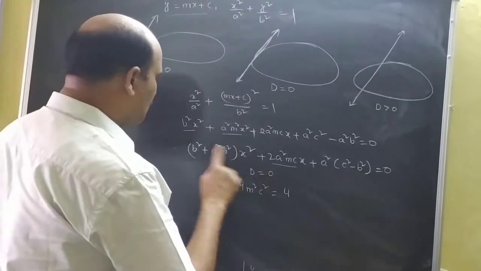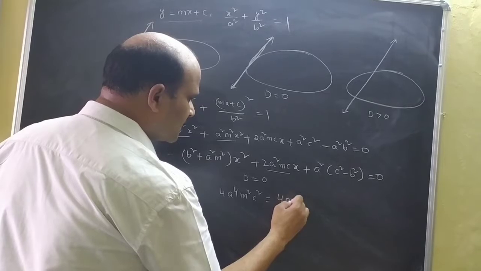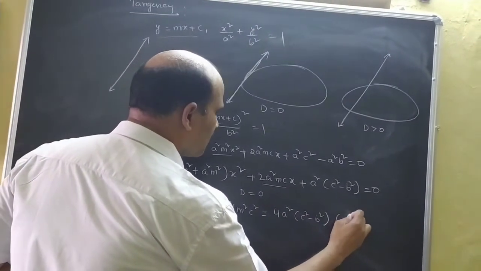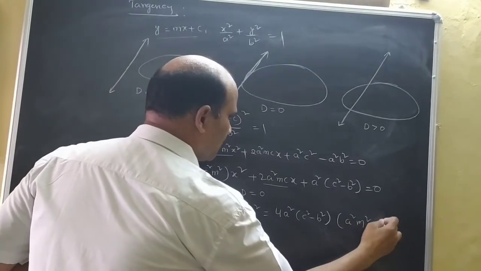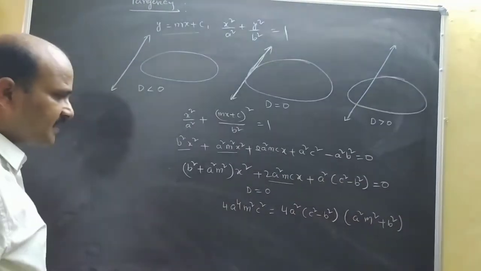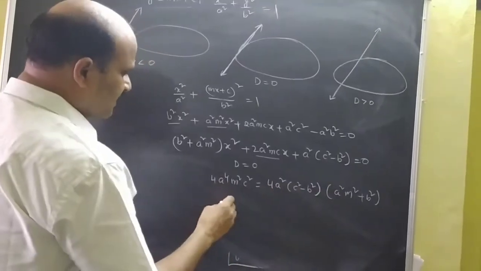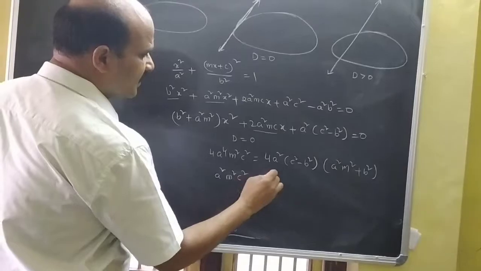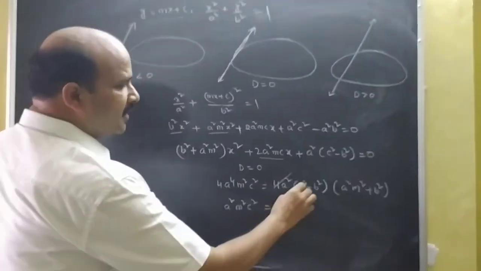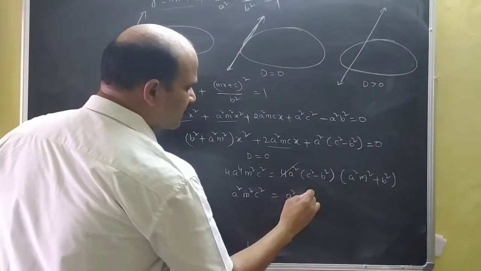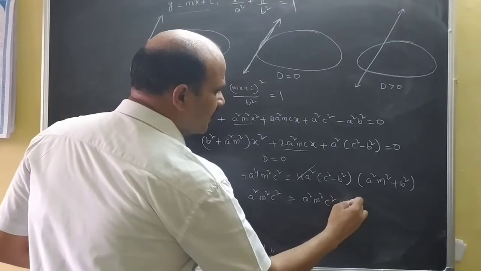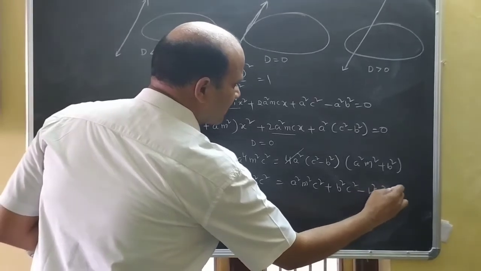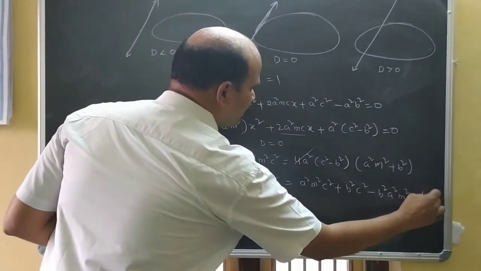This is 4 into a, that is a square into (c square minus b square) into (a square m square plus b square). On both sides, the 4a square is cancelled, and it becomes a square m square c square is equal to, 4a square is cancelled. Now this is a square m square c square plus b square c square minus b square a square m square minus b power 4.